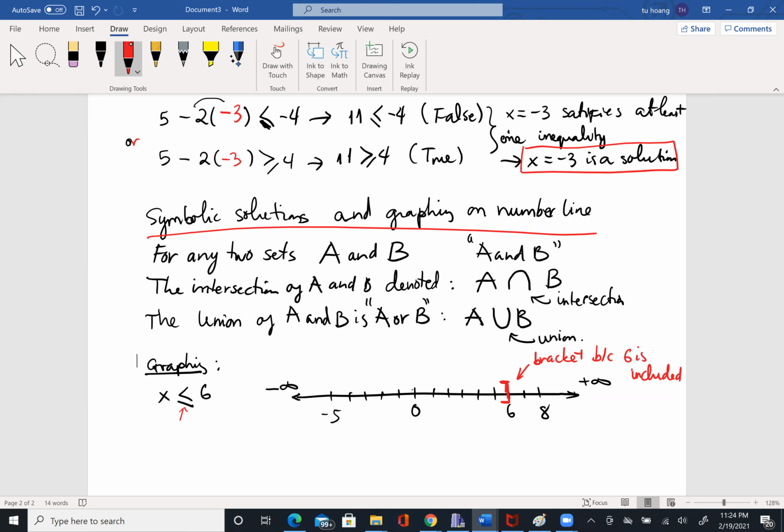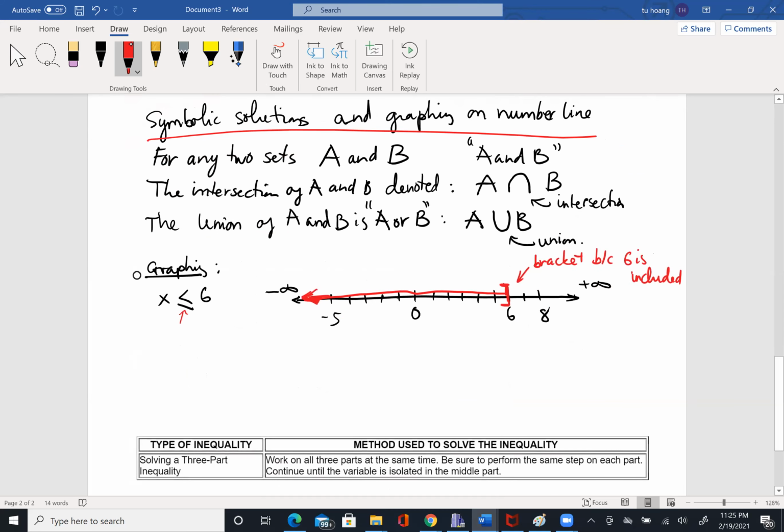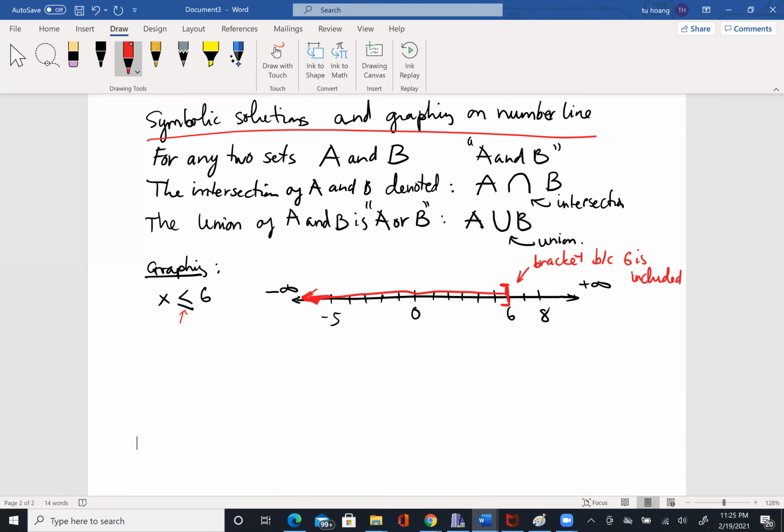Because you have all the values less than 6, from the bracket you need to draw a line going to negative infinity, and make sure you have an arrow to show the reader it keeps going to negative infinity. So that is for x less than or equal to 6.